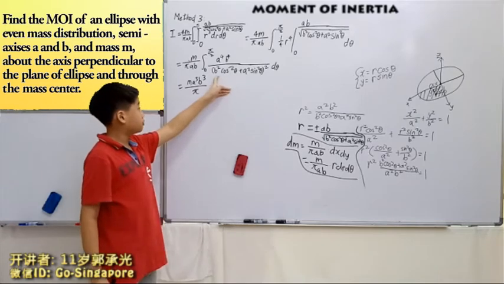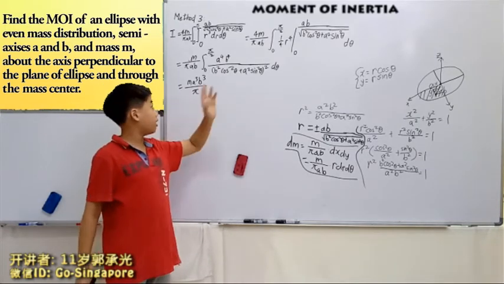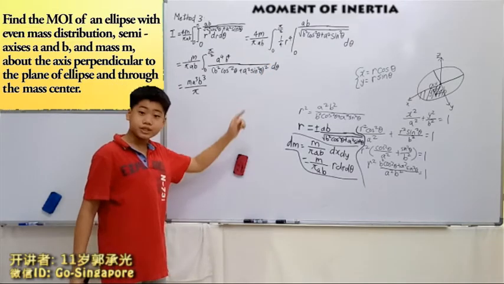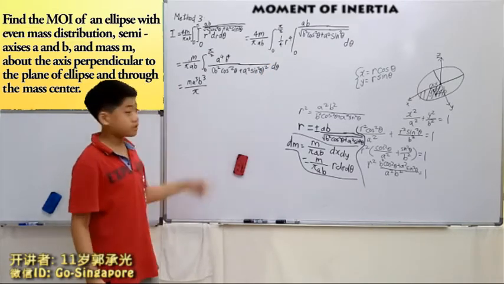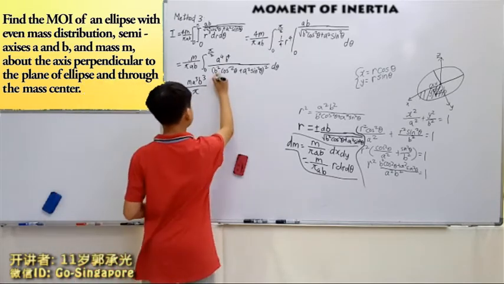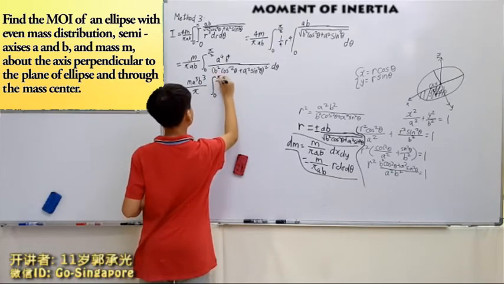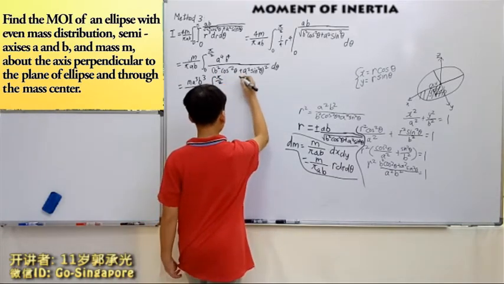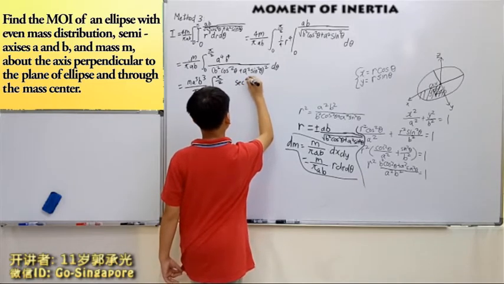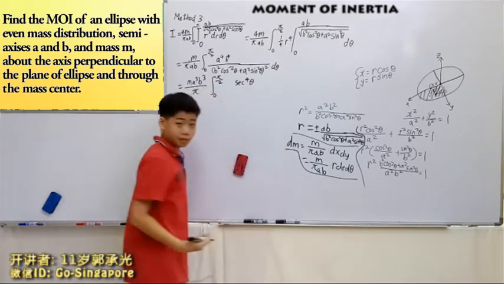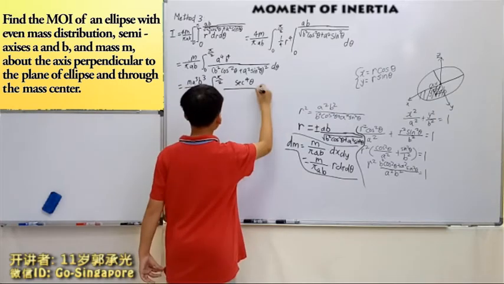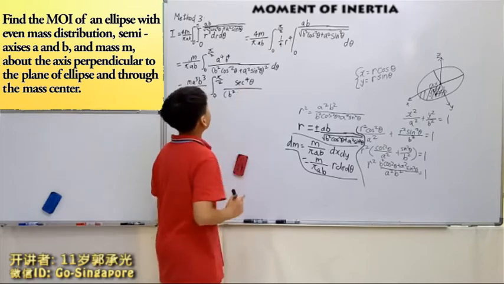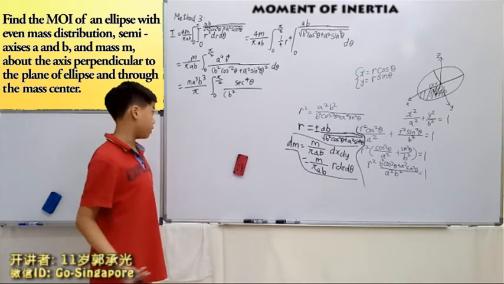Then down here, we might want to take out, okay, let's say we write this square first. We take out a cosine square theta. After you have that square, that means cosine to the power of 4 theta. Then cosine to the power of 4 in the denominator can become a secant to the power of 4 in the numerator. Then you have b square over. Maybe I don't like the b square and a square inside.